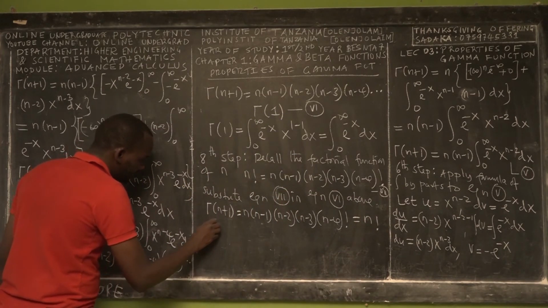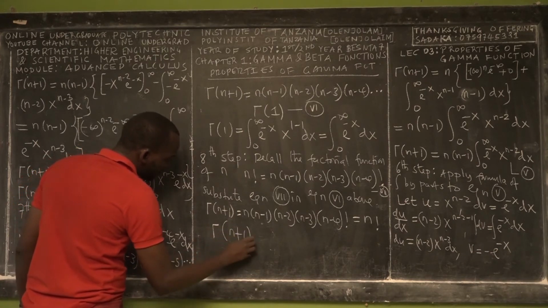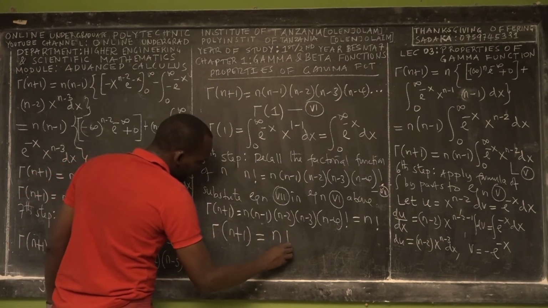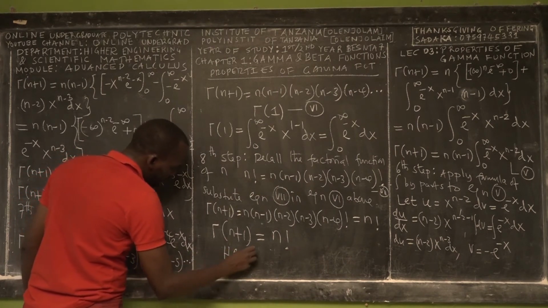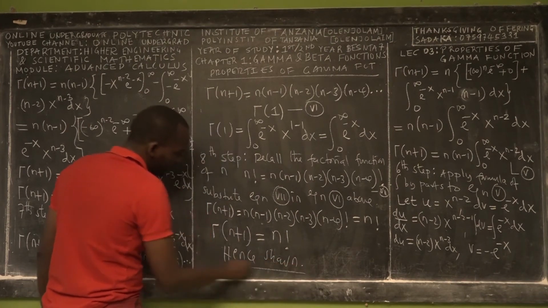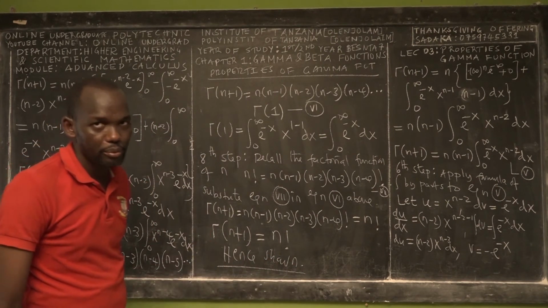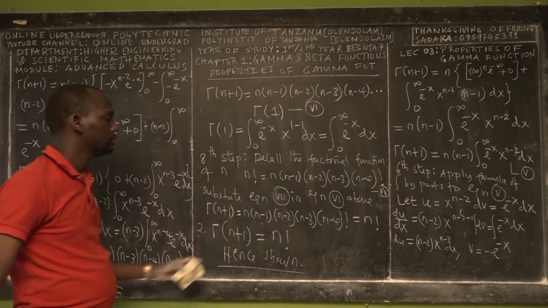So, ladies and gentlemen, the second property of the gamma function: gamma of n plus 1 is equal to n factorial. A very important property of gamma. This is the second property of the gamma function.